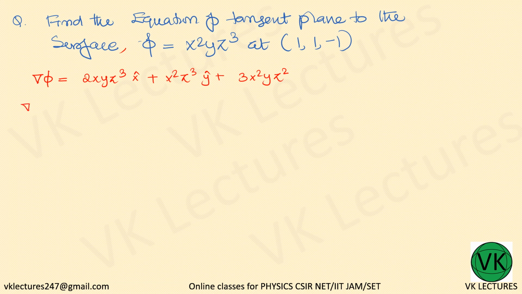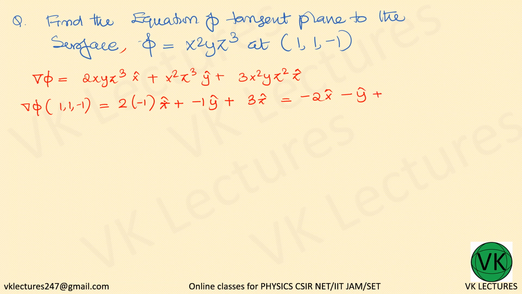Now del phi at 1, 1, minus 1: 2 times minus 1 x cap plus minus 1 y cap plus 3 z cap. So that's equal to minus 2x cap minus y cap plus 3z cap.